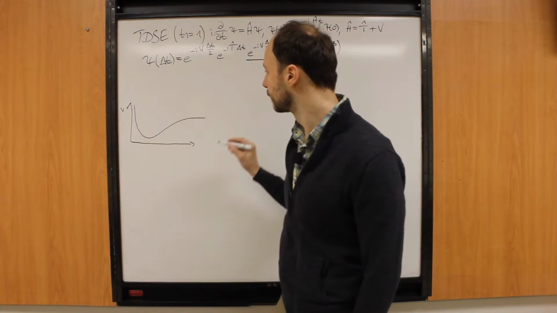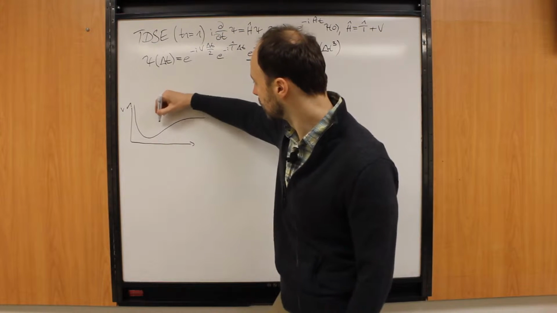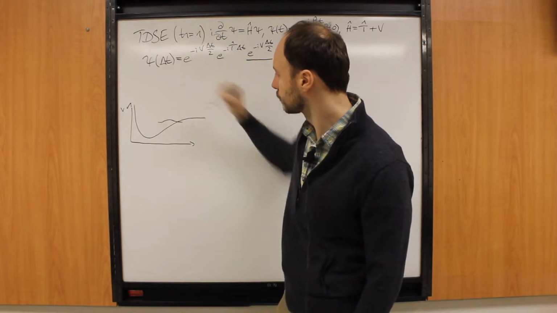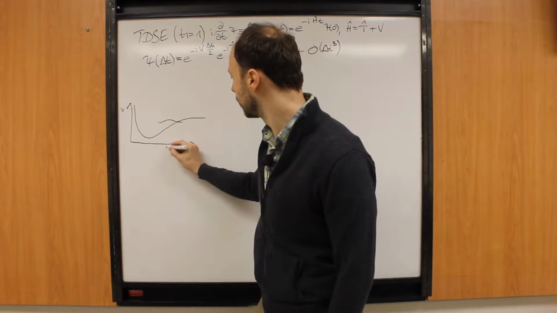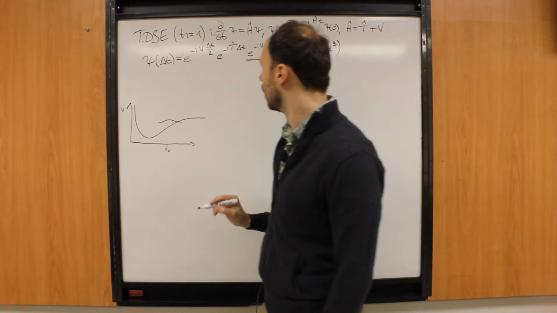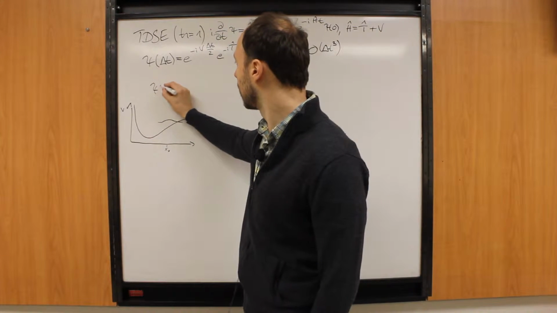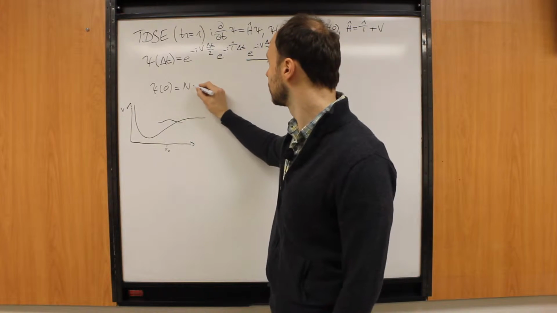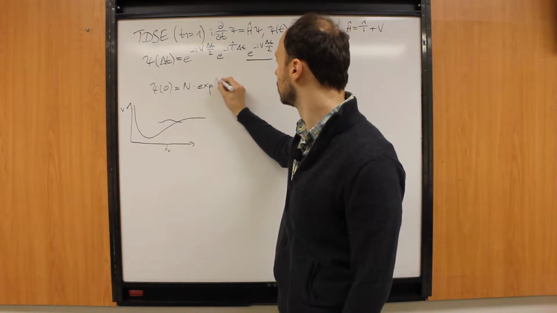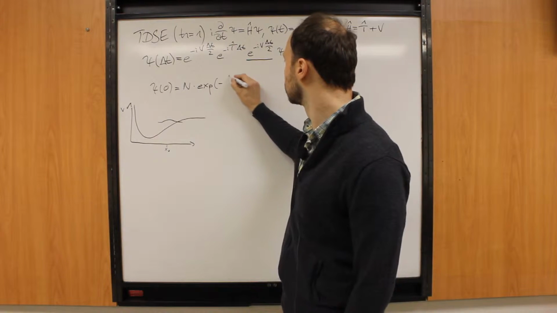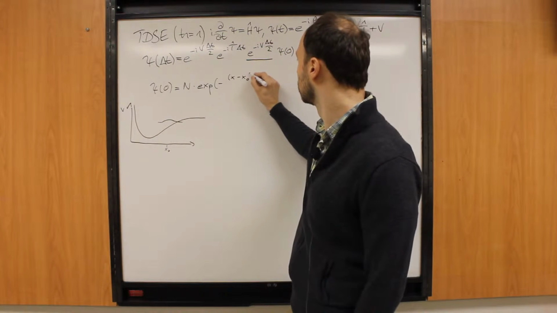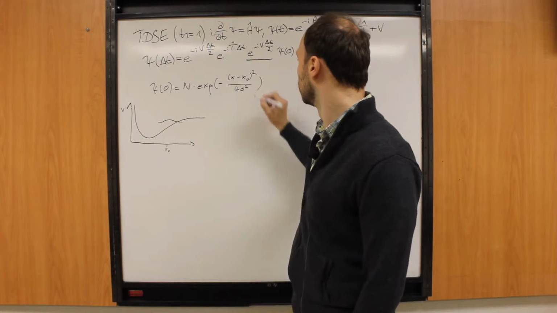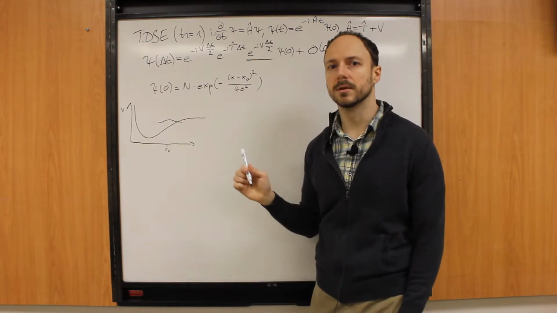This is the potential. And we have some initial wave function that has a Gaussian envelope, and this expectation value is x0, so that we can write psi of t equals 0 equals a normalization factor times e to the minus (x minus x naught) squared over 4 sigma squared, because this is the square root of the normal distribution.